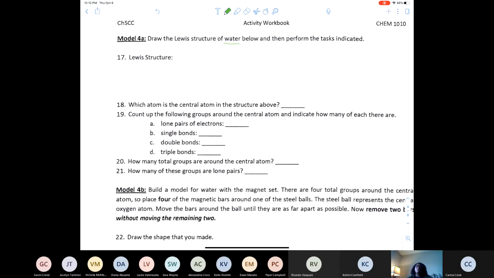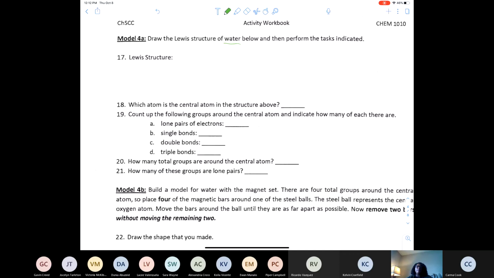And that way you'll have an opportunity to ask any questions that you have about models 4, 5, and 6. And then we'll talk about your final task for today.